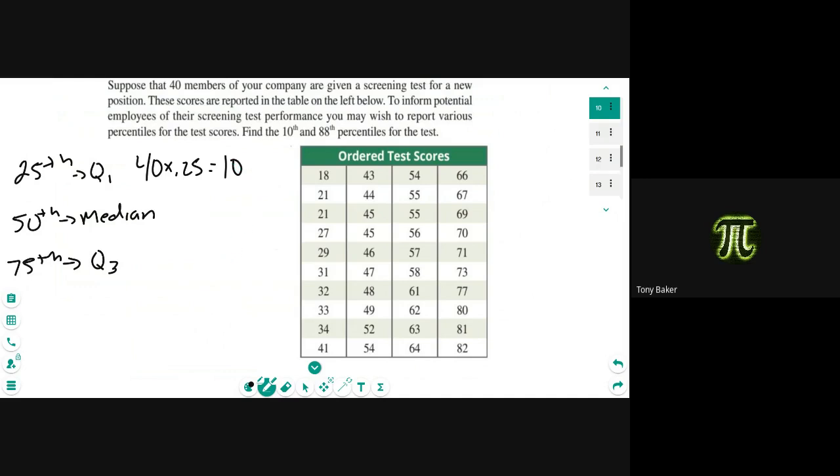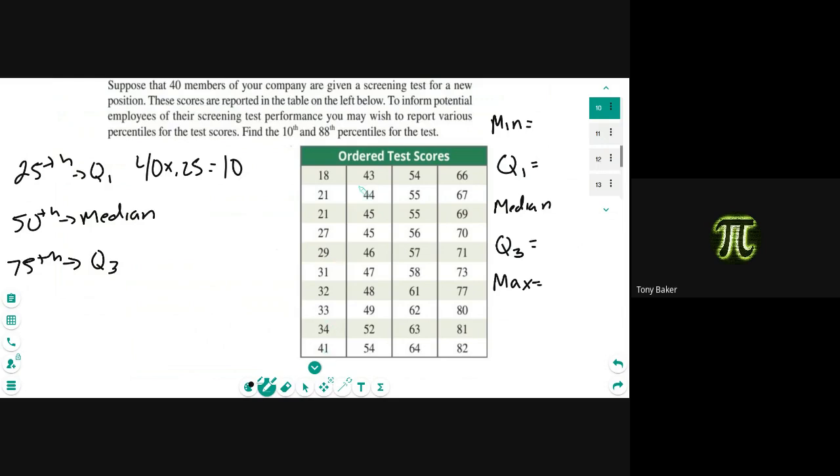You're not looking for the number 10. You're looking for the 10th number.